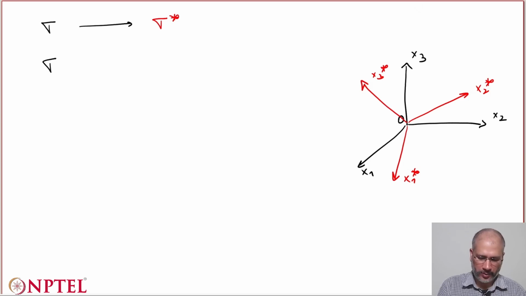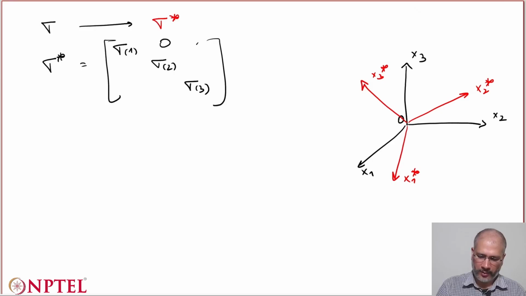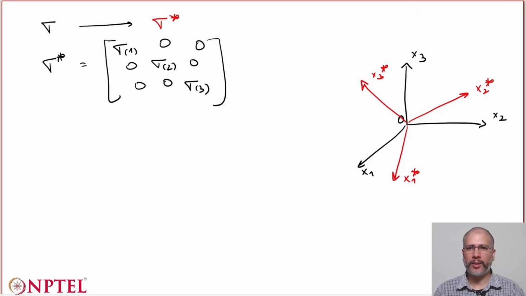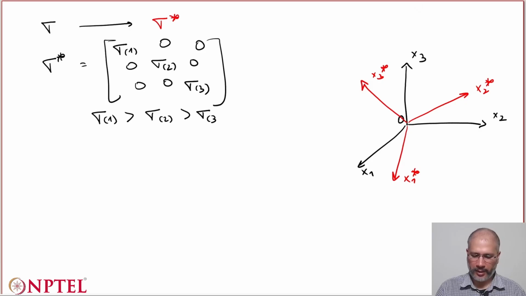So basically sigma star takes this form, which is a diagonal matrix representation with the diagonal terms being the principal stress values sigma 1, sigma 2 and sigma 3. Again, as I said, we have marked these sigma 1, sigma 2 and sigma 3 in such a way that sigma 1 is the largest principal stress value and sigma 3 is the smallest principal stress value.